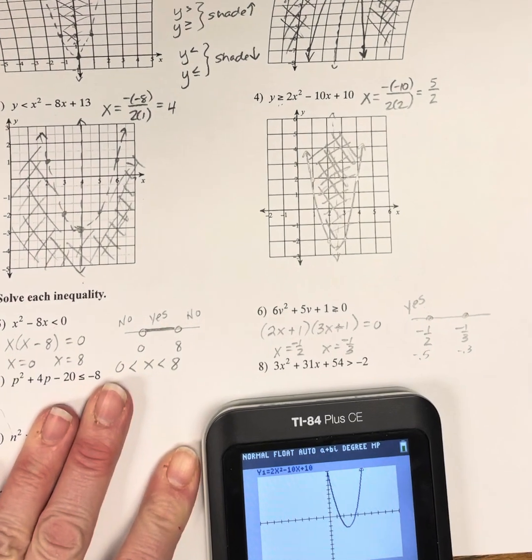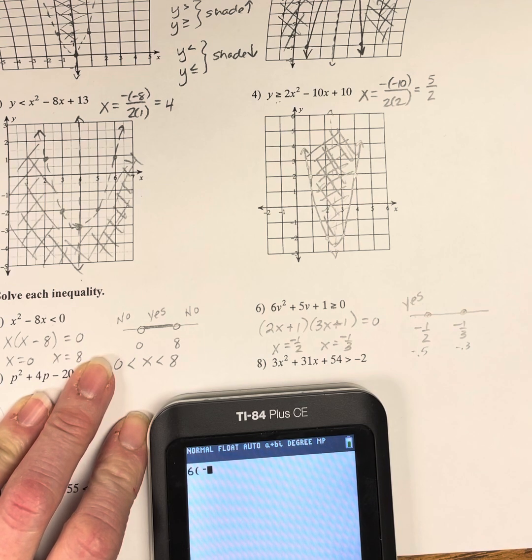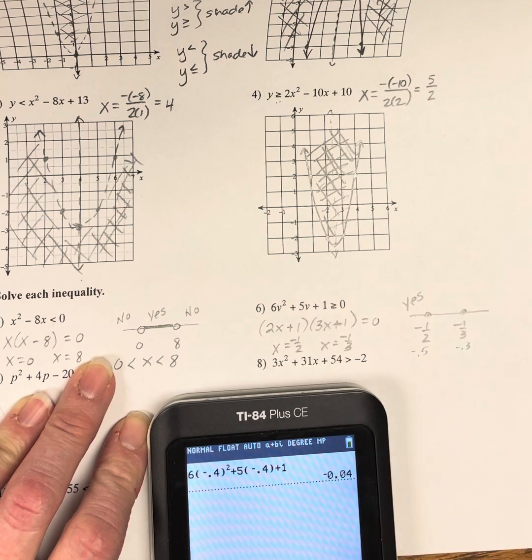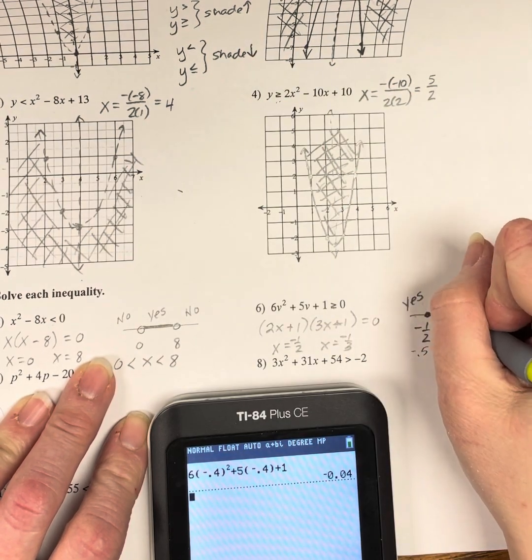So I'm going to do 6 times negative 0.4 squared plus 5 times negative 0.4 plus 1, and we get a negative. So no, we want it to be greater than 0, so no, that does not make it true.